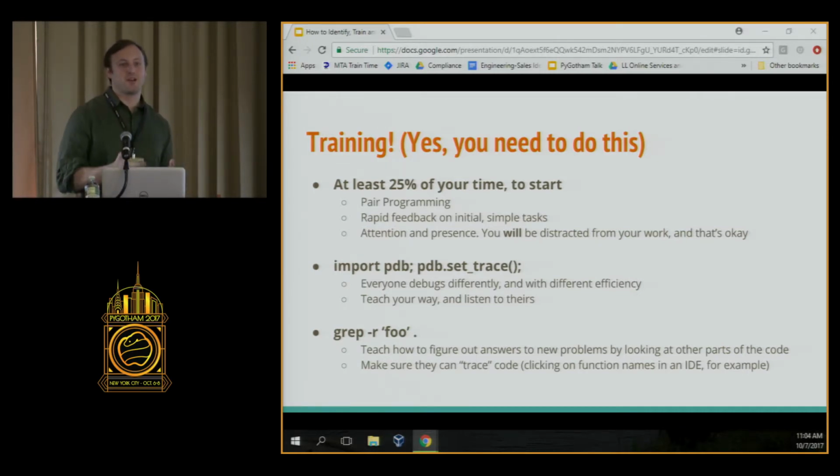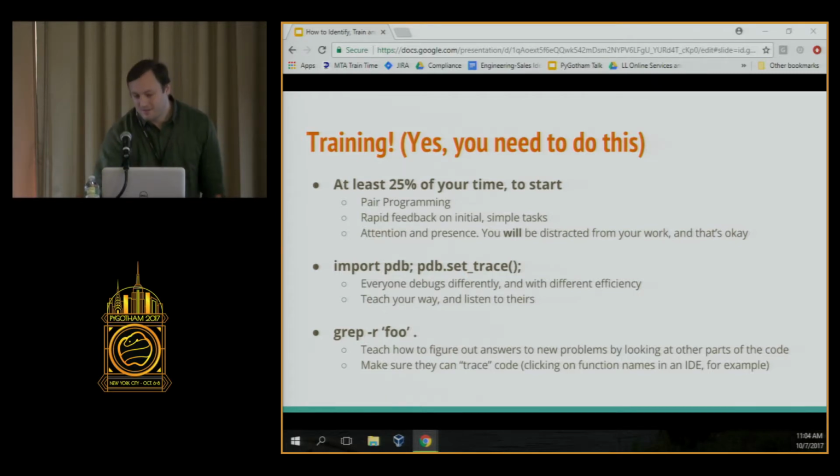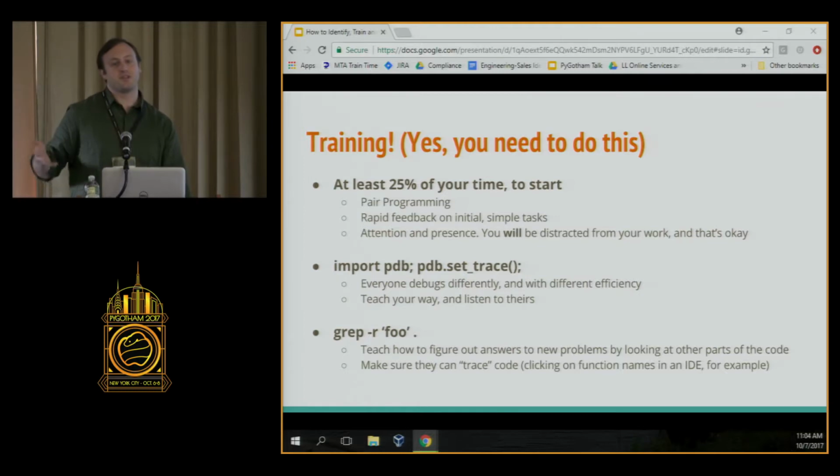They've also probably come in with their own way of debugging, print statements, for example. Learn what they're doing, work with them on it, teach them yours. And then the other point here is looking through the code base. So grep to look through the existing code, because a lot of times when you're on a large project, your existing code has examples that are very similar to the thing that is being built if it's a new feature.